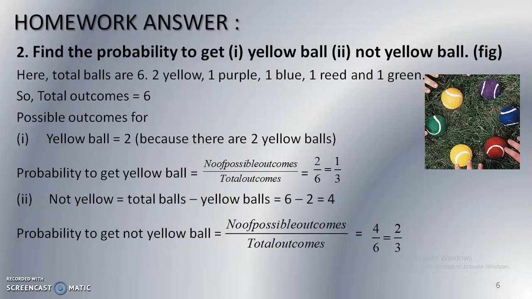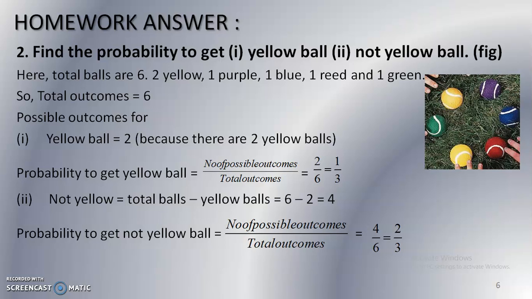Find the probability to get first one yellow ball and second one not yellow ball, and refer to the figure. Here total balls are 6. Check it out: 2 yellow, 1 purple, 1 blue, 1 red and 1 green. Here the spelling of red is wrong. It's RED but I have written REED by mistake.